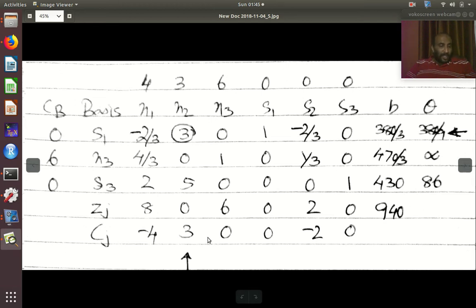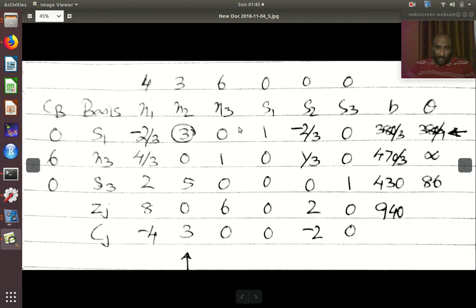Again you can check for optimality, whether there is any positive value. So here 3 is the positive value, there is only one, so that has to come in, which means x2 has to come in. In order to find which one is replaced, we need to divide these values by the corresponding term.